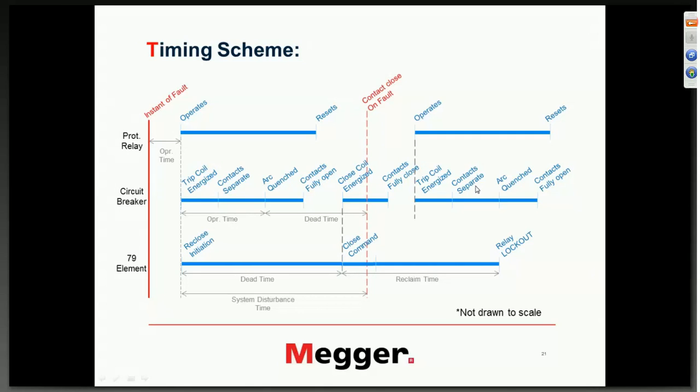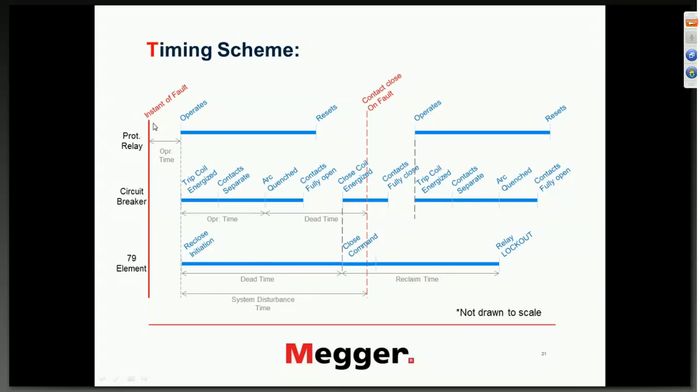After the contacts are separated, the arc is quenched and the contacts are fully open. So the same procedure happens again and again until the 79 element goes to lockout. From the close command issued to the relay lockout, it is called the reclaim time of the 79 element.